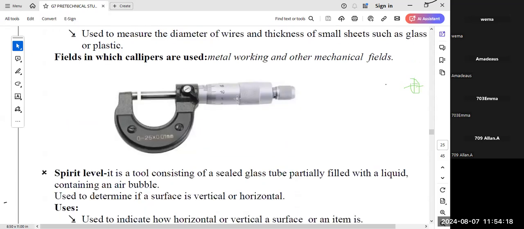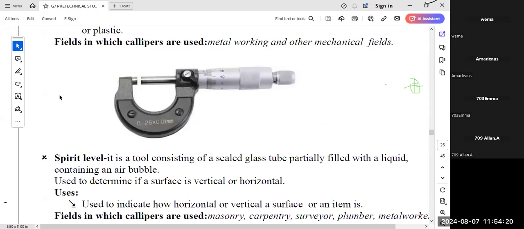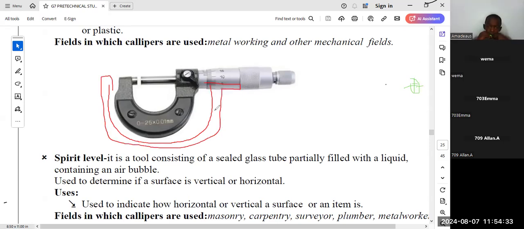You see how it is, and when we talk of an adjustable spindle, this is the G frame. This one is the G frame. You see this? This is the G frame we are talking about. Then the adjustable spindle is right here.